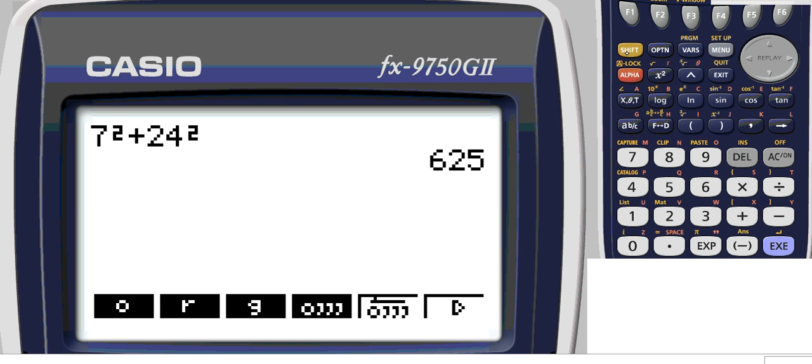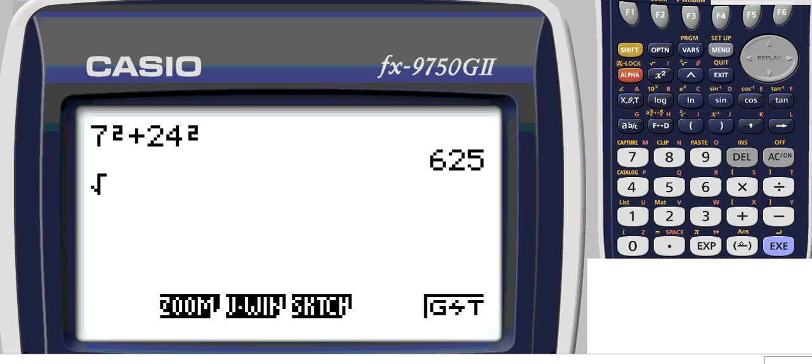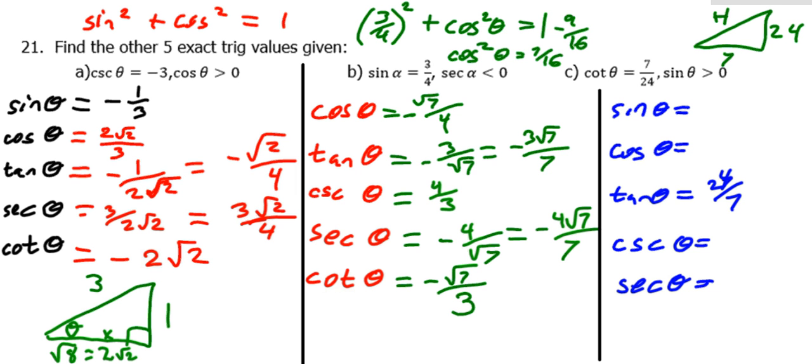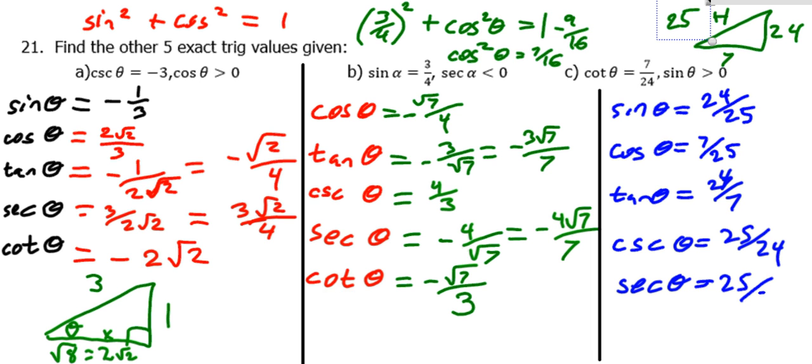The square root of 625. 25. So the hypotenuse is 25. Which means sine is 24 over 25. Cosine is 7 over 25. Cosecant, 25 over 24. And secant is 25 over 7.